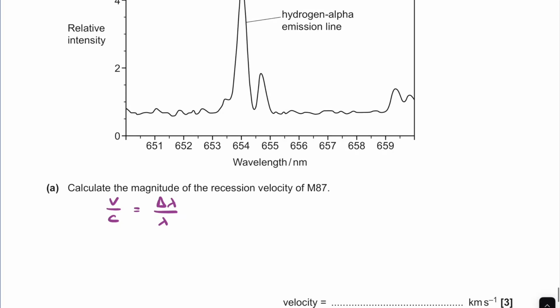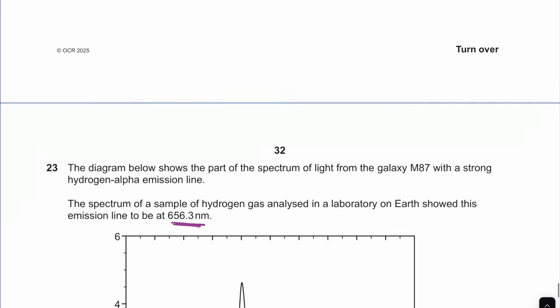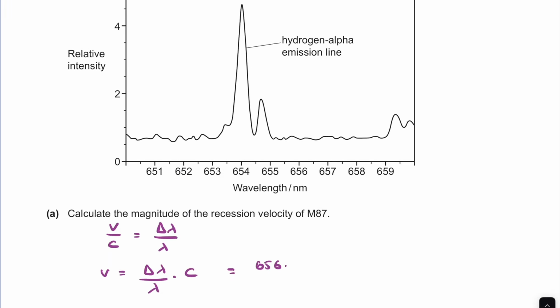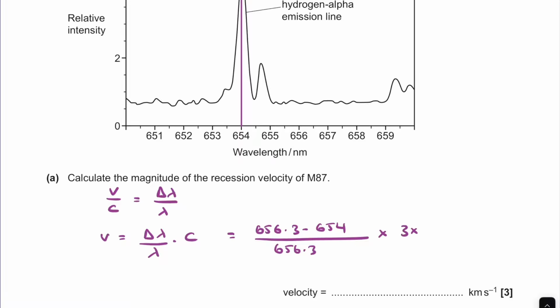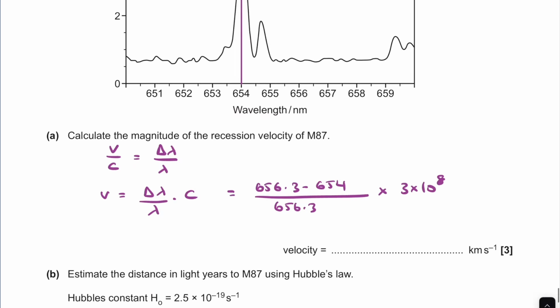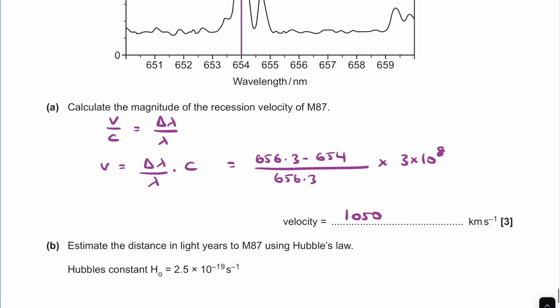So we can rearrange this as v is delta lambda over lambda times c, and delta lambda is the change in wavelength, 656.3 minus the peak average wavelength, which is 654 nanometers, divided by 656.3 times 3 times 10 to the 8 gives me 1050 kilometers per second.